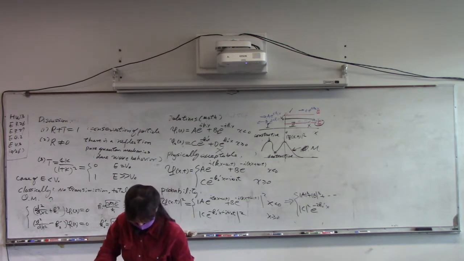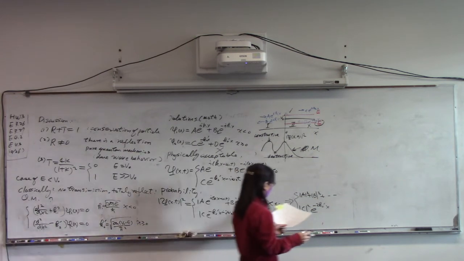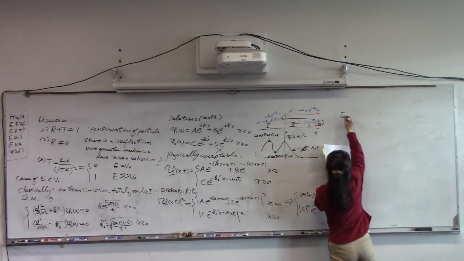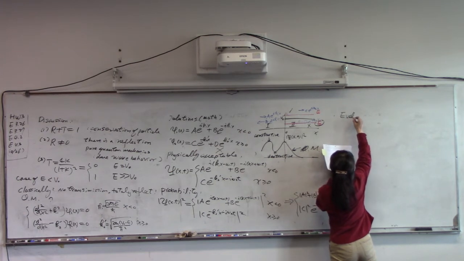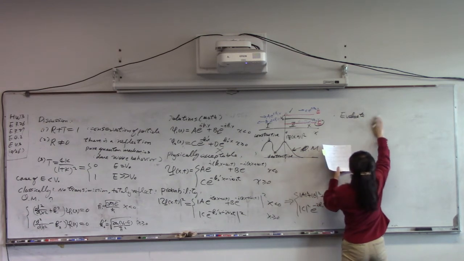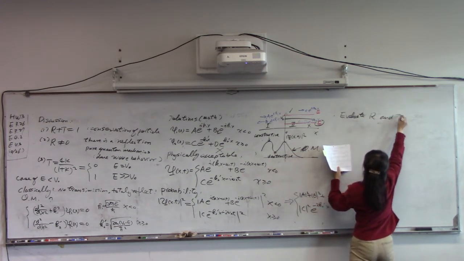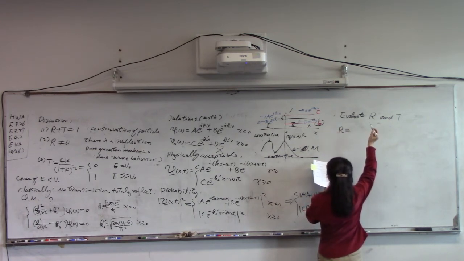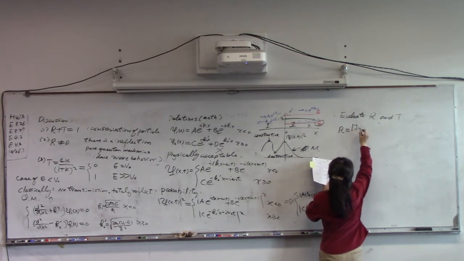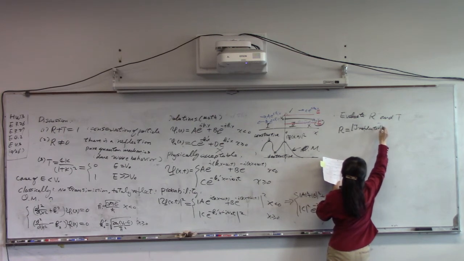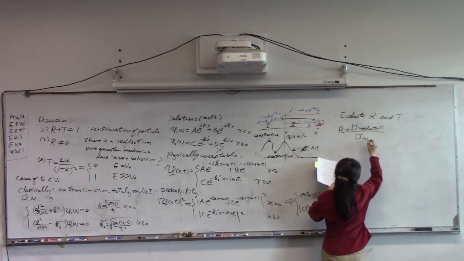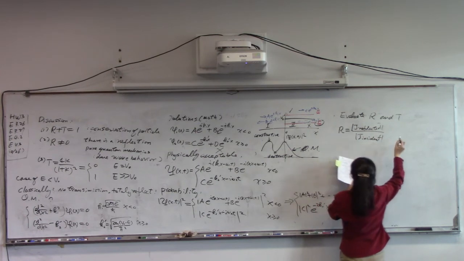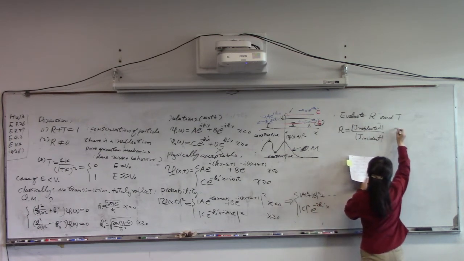Let's see. This is similar, so I will just give you the result, right? The intermediate steps are the same as we did before. The value of R and T. So R, and second, T is.